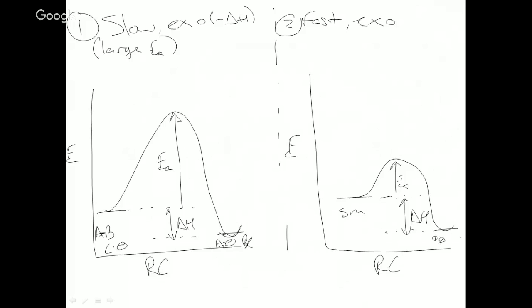So now let's look at 2 endothermic reactions, case 3 and 4. Here we have slow, endo, so we're back to a larger energy barrier.